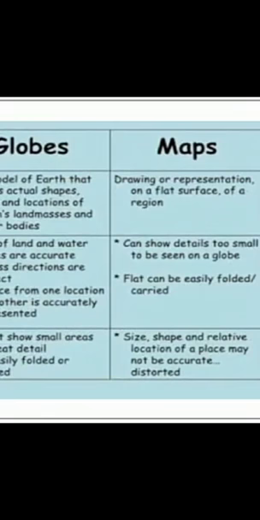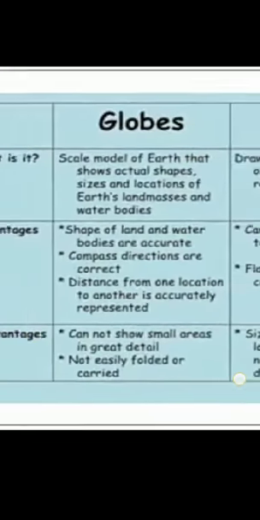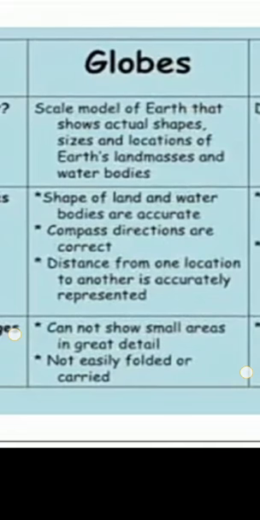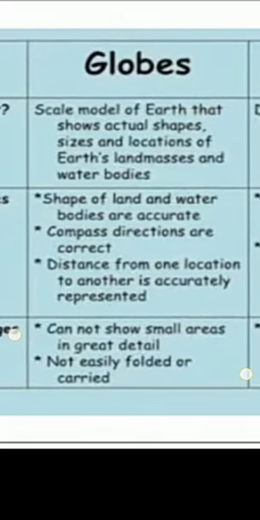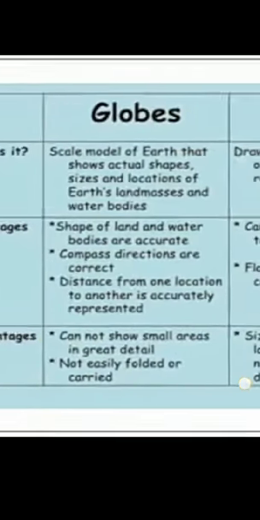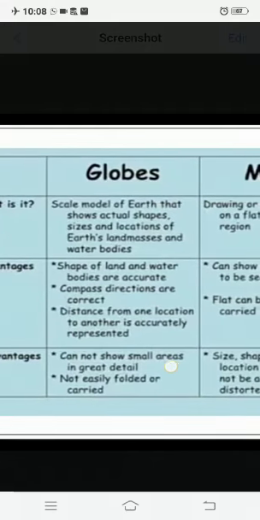Now, the advantages of a globe: the shape of land and water bodies are accurate, compass directions are correct, and the distance from one location to another is accurately represented.